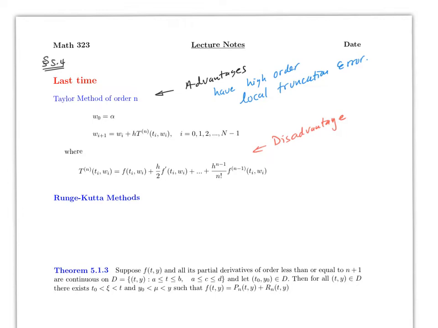So therefore, in section 5.4, we're going to look at a new kind of method, called Runge Kutta methods. These methods are going to preserve the high order local truncation error, but the advantage is that you don't have to compute the derivatives at every point.